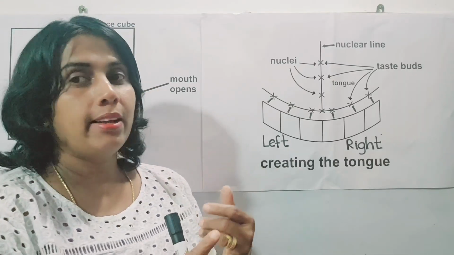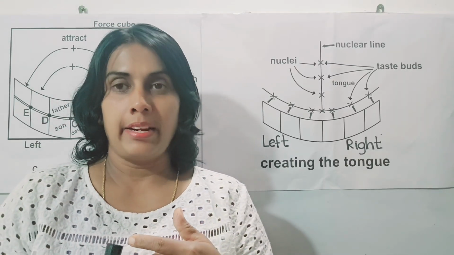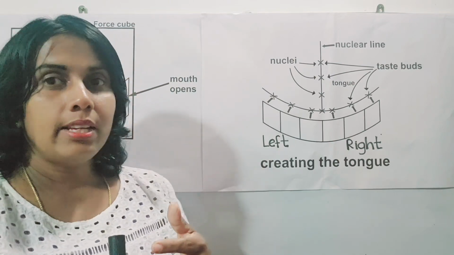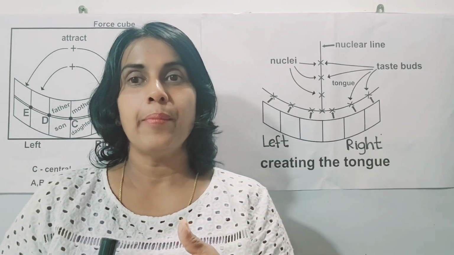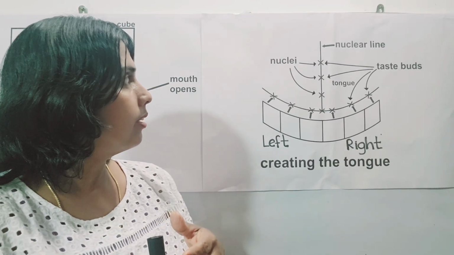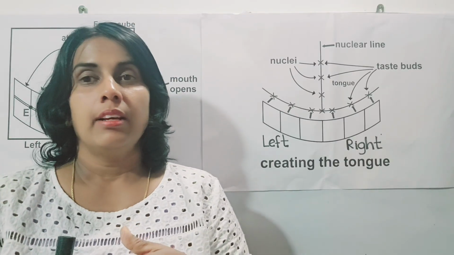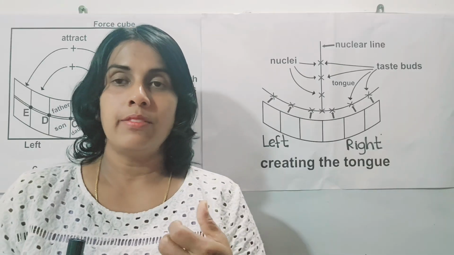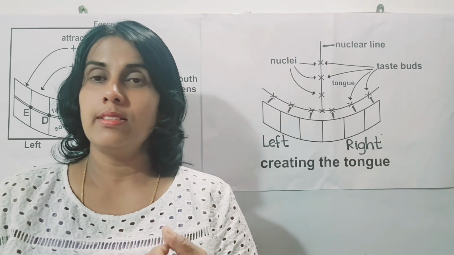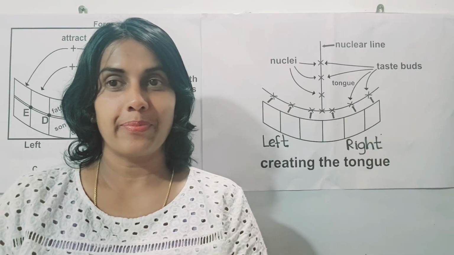So it has the dividing power, nuclear energy, and also the polarity. And nuclear energy, in other words, is the genetic power.